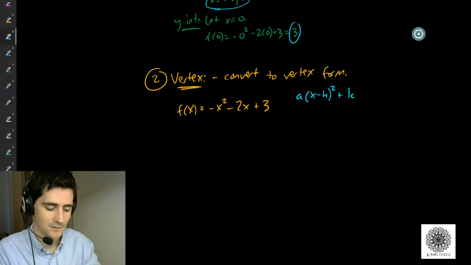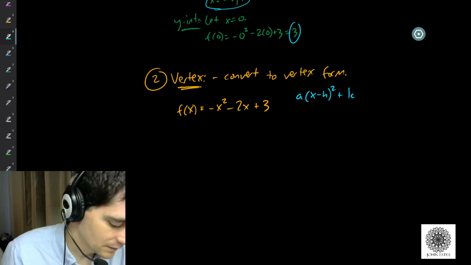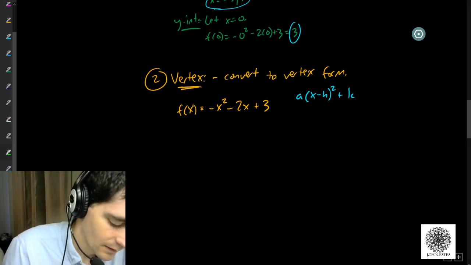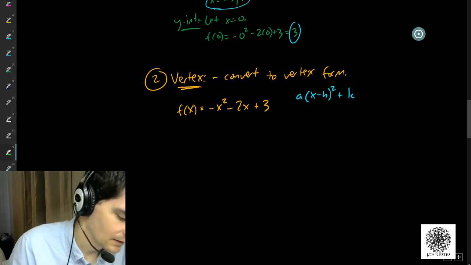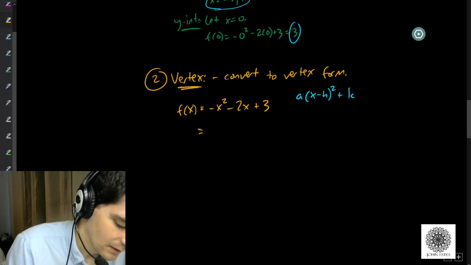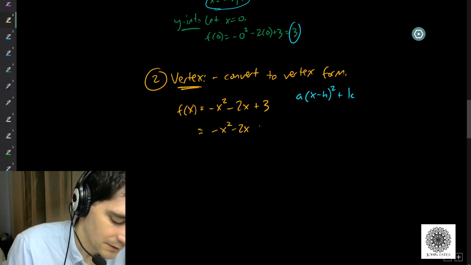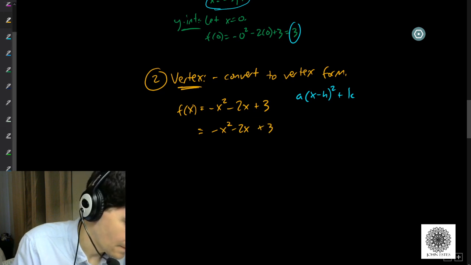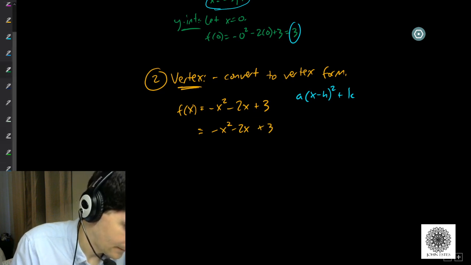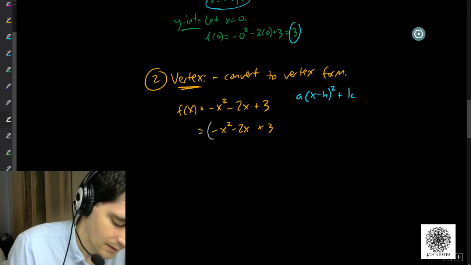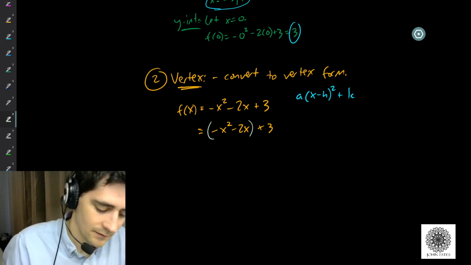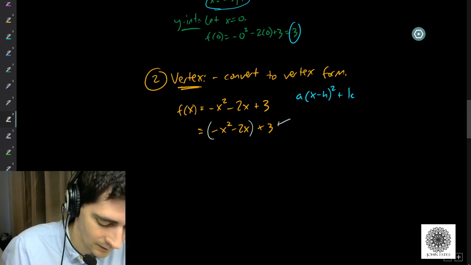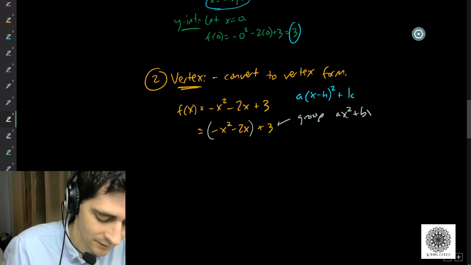Okay, so how can we do this? Well, the first thing you want to do is put parentheses around your linear and your quadratic term. Let me make a note of that. I'll say group ax squared plus bx.